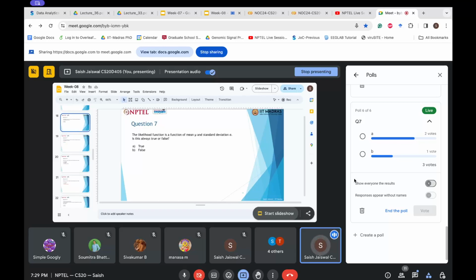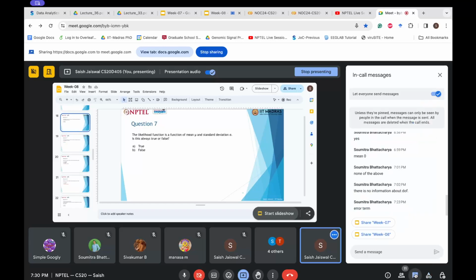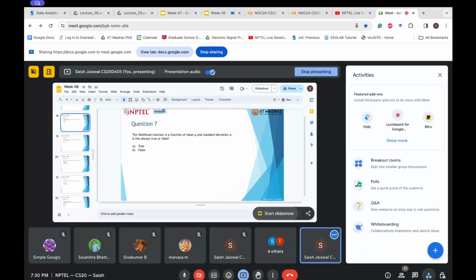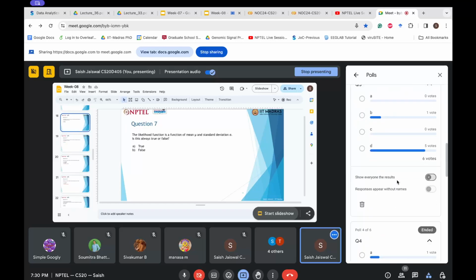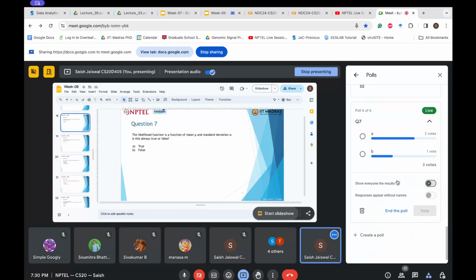The likelihood function is a function of mean mu and standard deviation sigma. Is this always true or false? What about the others? I just got 3 votes so far.